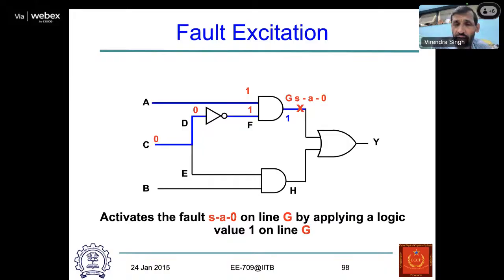Now how would I test whether this particular fault is there or not?